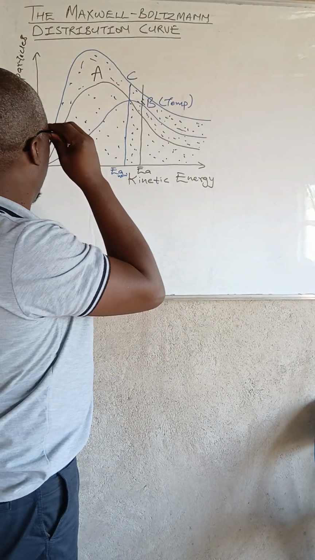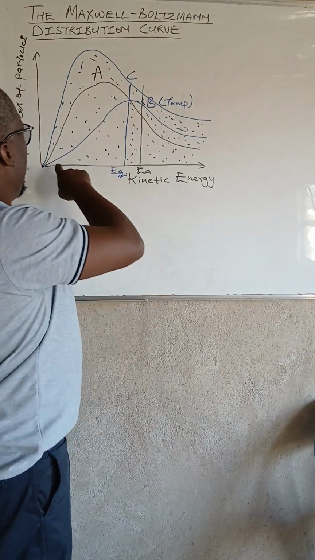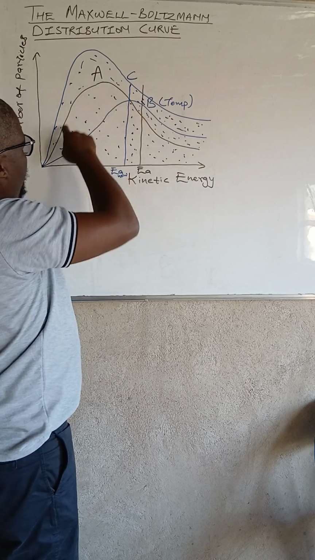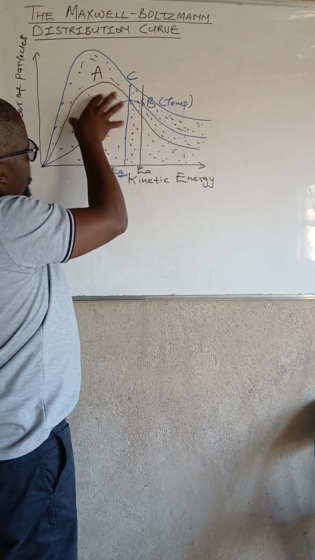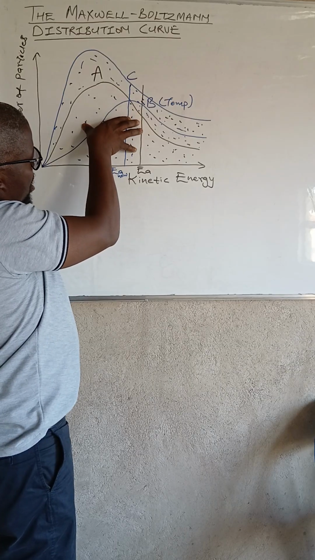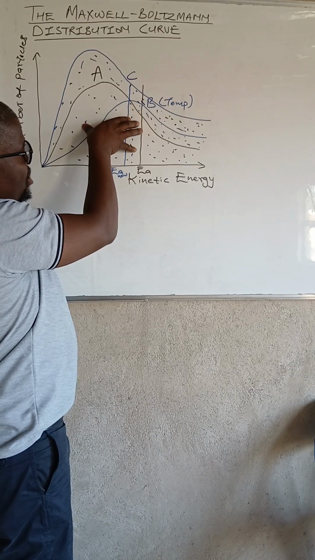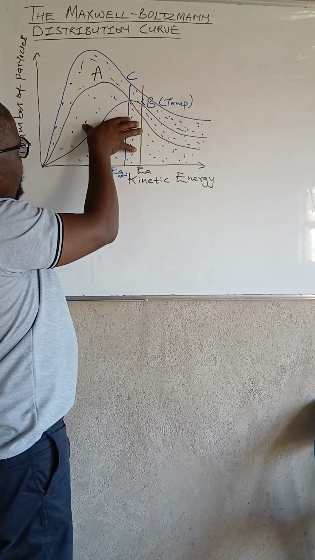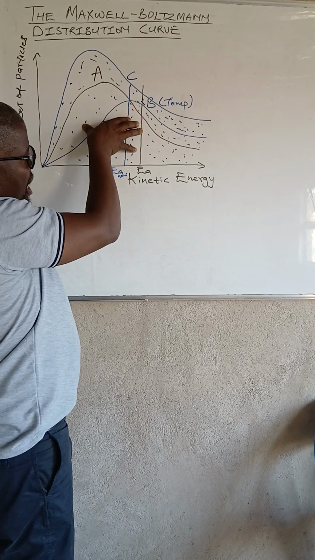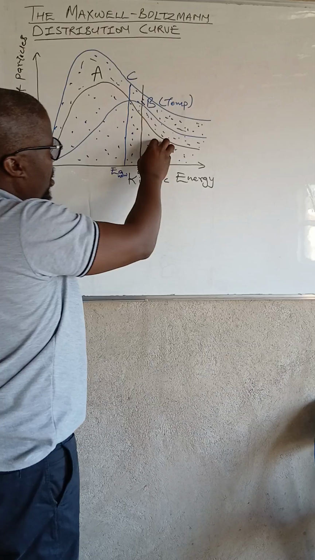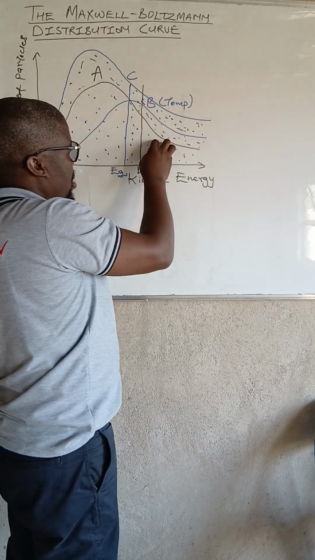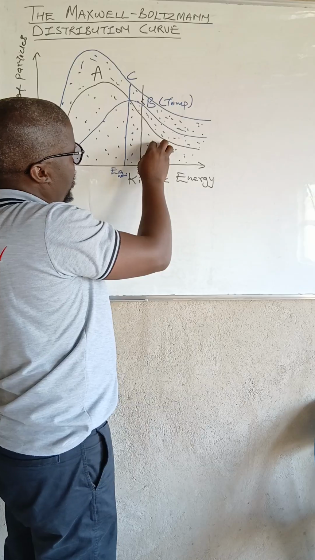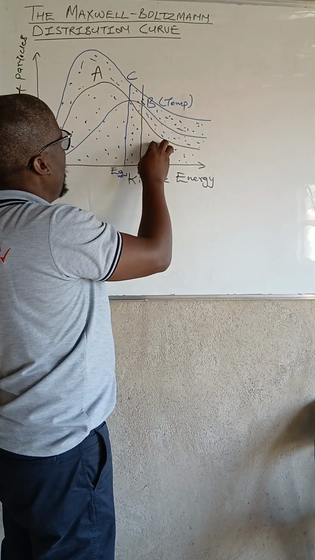Okay, let us go back to the initial curve A. You find that you've got this region that has got particles that do not have enough kinetic energy to result in effective collisions, and in that region, you've got particles that have enough kinetic energy to lead to effective collisions.